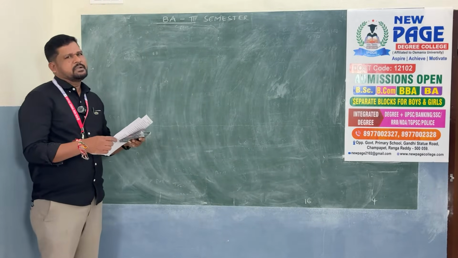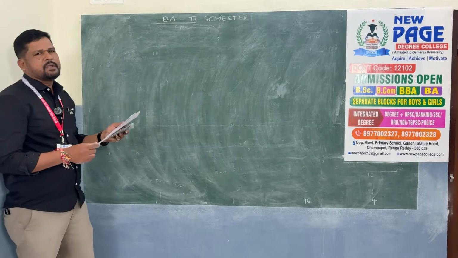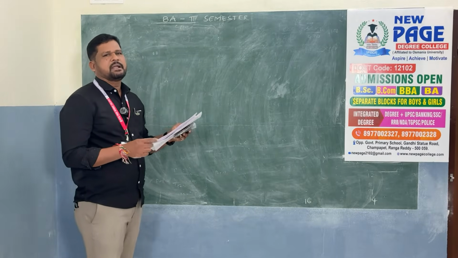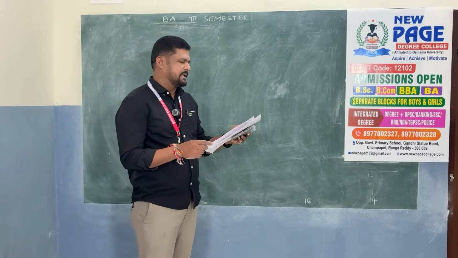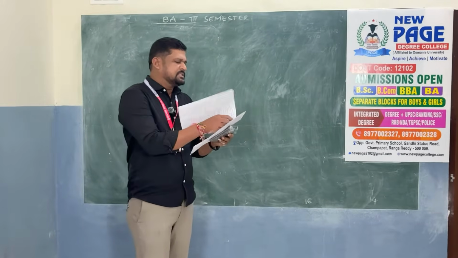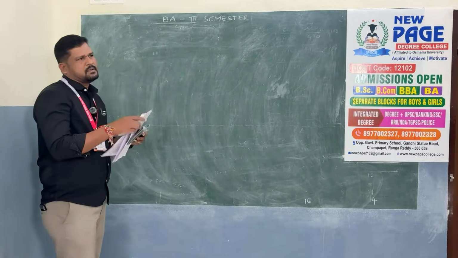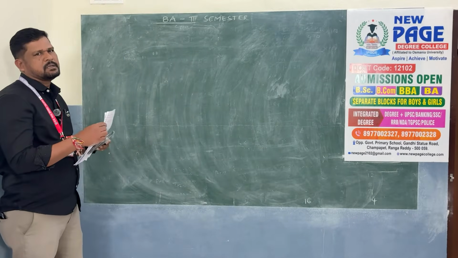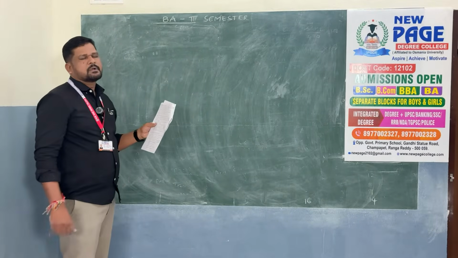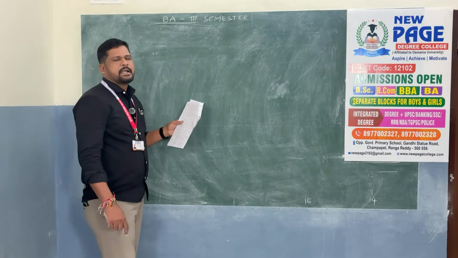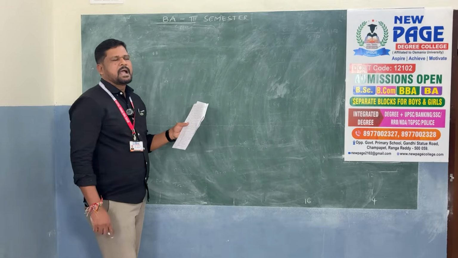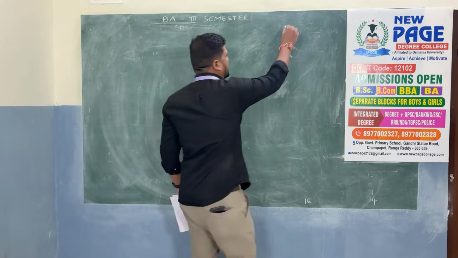Okay, in this unit also one question will be a theory question, another question will be a problem question. Right? In this unit, the most important question is trends. Trends have 4 types: graphic method, semi-averages method, moving averages method, and least square method.